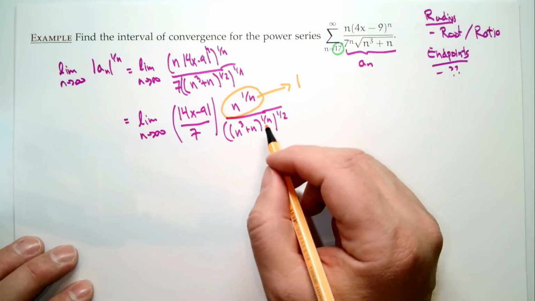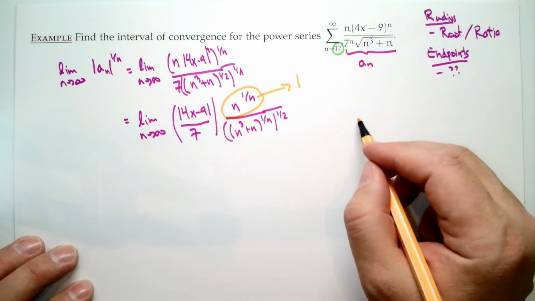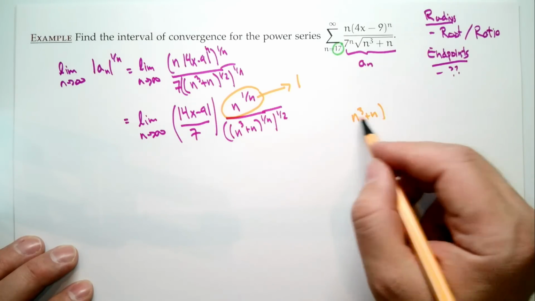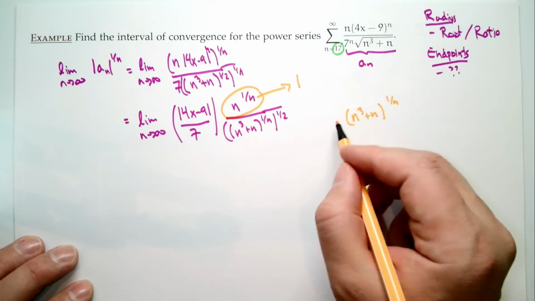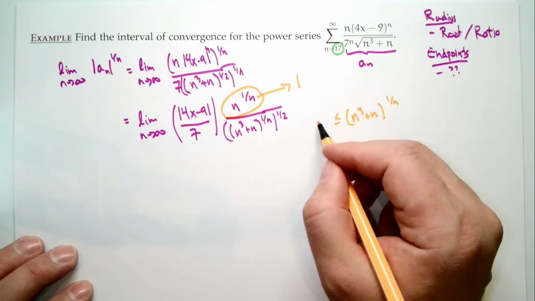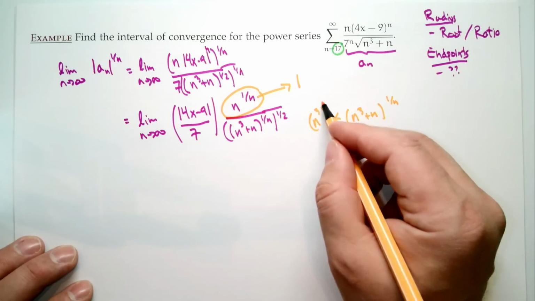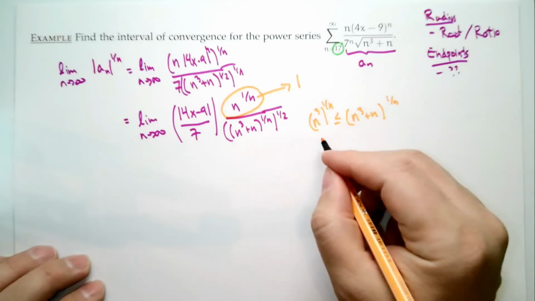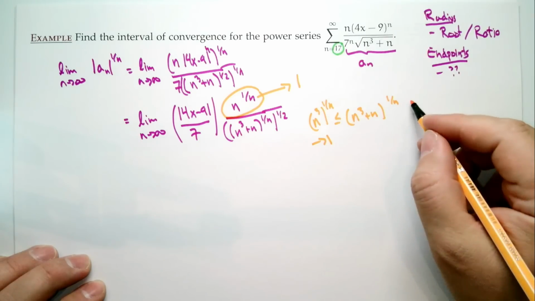It should be about 1, because here we go. We'll actually make this quasi-rigorous. n cubed plus n to the 1 over n. Well, look, that's going to be bigger than just n cubed to the 1 over n. And n cubed to the 1 over n definitely goes to 1, because it's n to the 1 over n cubed. So this is going towards 1. On the other hand, what is it smaller than?